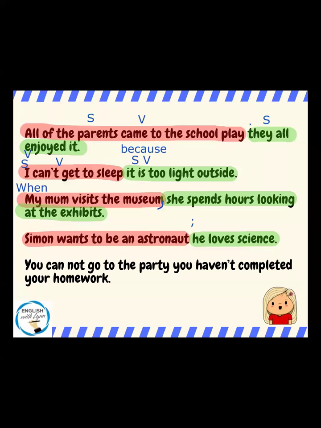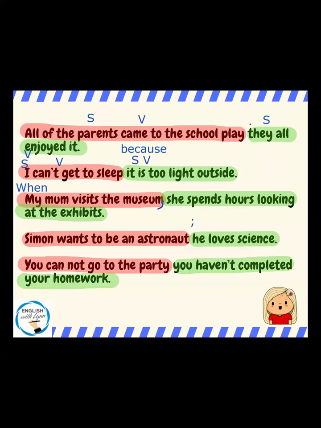Okay. Now, the final one: "You cannot go to the party you have not completed your homework." Right, so I've spotted my main clauses. My first main clause is "you can't go to the party", and the second main clause is "you haven't completed your homework". So I have got my subject is you.